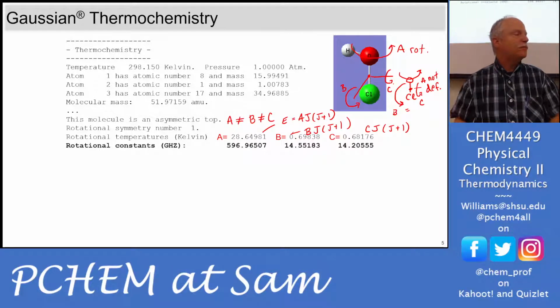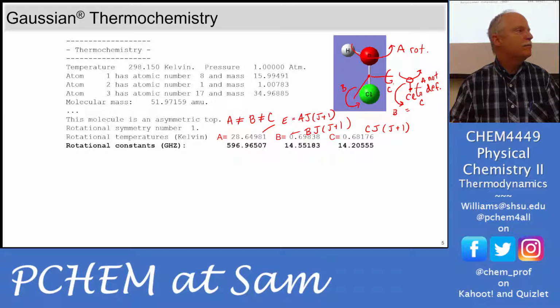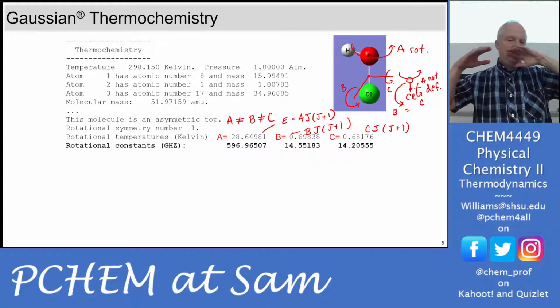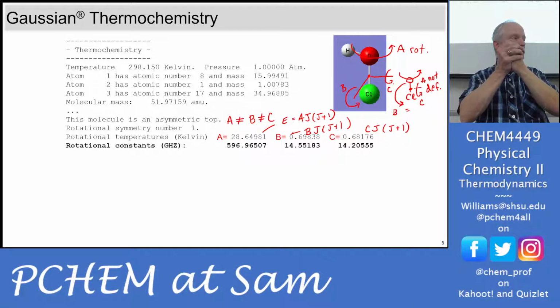And so a stupid question. No. If it can rotate around that bond between the chlorine and the oxygen, is there also rotation around the bond between the oxygen and the hydrogen, or is that so small? Okay, no, that's a good question actually, because what we're really rotating around is the center of mass.